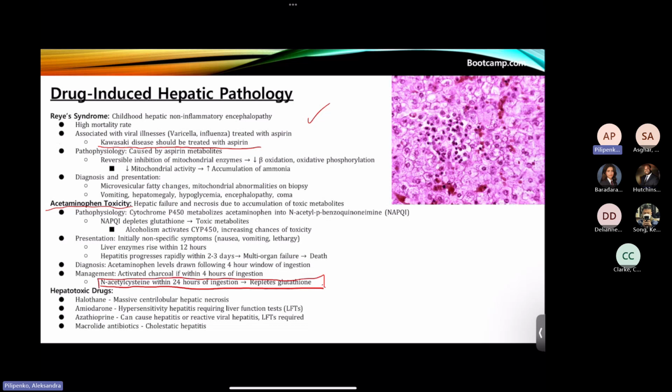But basically, this is the basis of why Tylenol is so toxic to the liver in high doses, because it basically depletes the glutathione. You will need to know which drugs are hepatotoxic, right? And remember, we said that some resources might give you one list, right? But focus on what would be especially covered in the lectures.